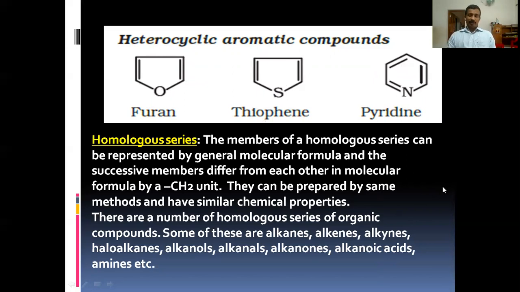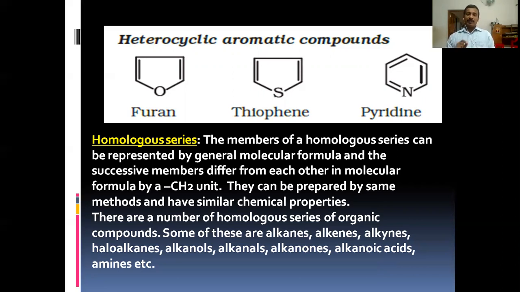Now homologous series. What is meant by homologous series? Alkanes, an example of a homologous series. Alkene, another example of a homologous series. So a homologous series is a group of compounds which has the following characteristics.